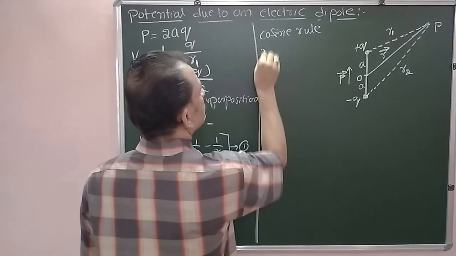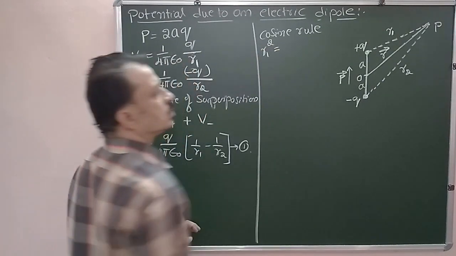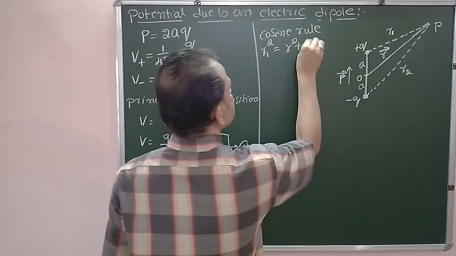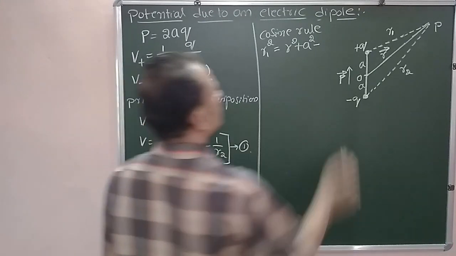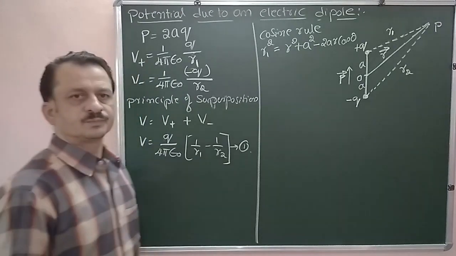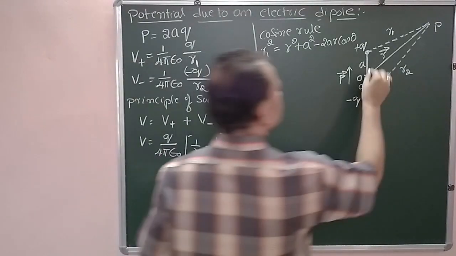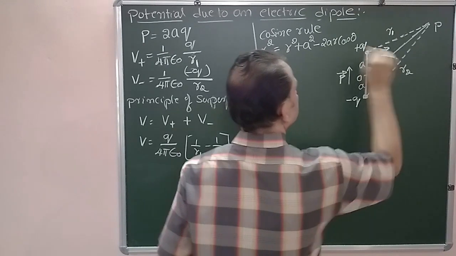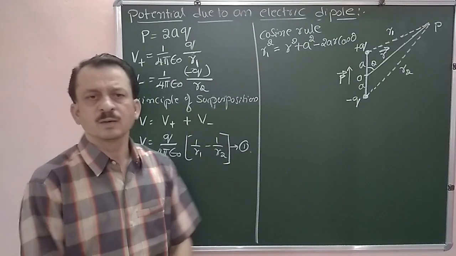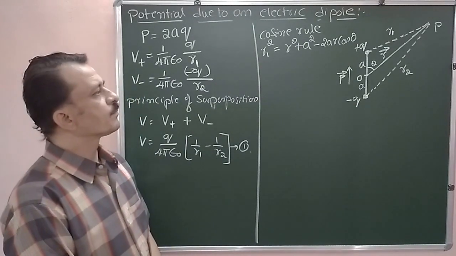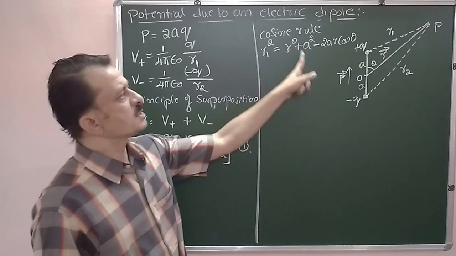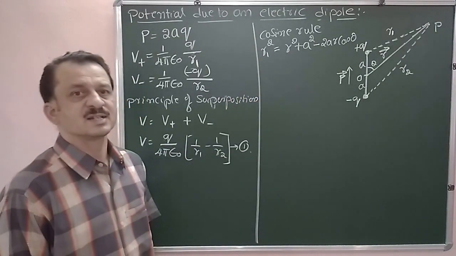Then by using the cosine rule, we write r1 squared is equal to r squared plus a squared minus 2ar cos theta, where theta is the angle between the dipole moment and the position vector. This is the cosine rule: r1 squared is equal to r squared plus a squared minus 2ar cos theta.